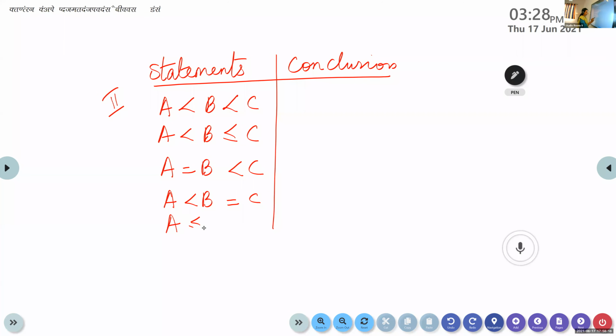A less than or equal to B less than C. From all these statements, what is the conclusion you can give?